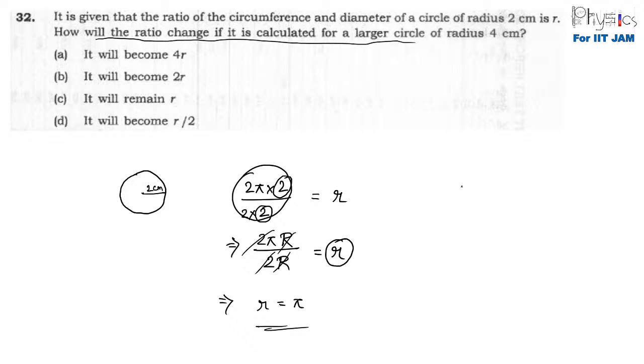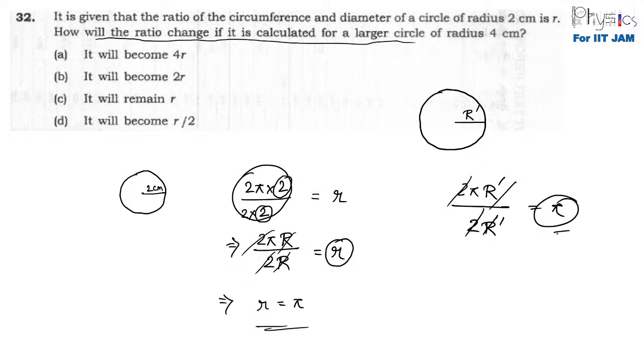So let's say the radius of the larger circle is r prime. So 2 pi r prime by 2 r prime, right? So the ratio of circumference and diameter will give us again pi.